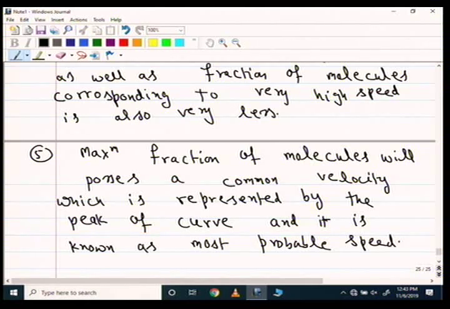Now, the particles having the maximum speed will represent the root mean square velocity, and the intermediate of these two speeds will be known as what? Average speed. That whole thing is given in these points.